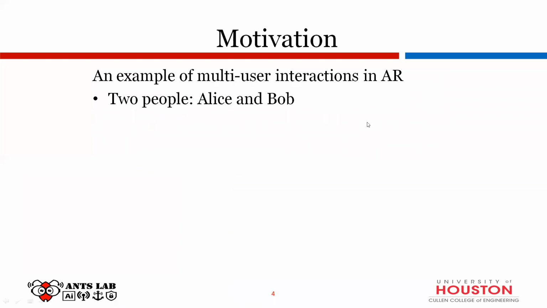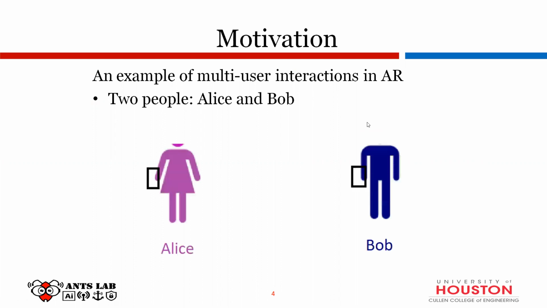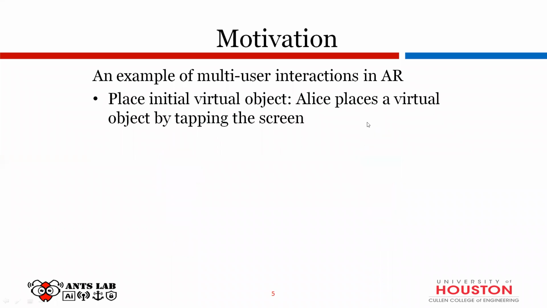Here is an example of multi-user interaction in AR. Let's say we have two people, Alice and Bob, and they both have a smartphone on their right arm. The first interaction is that Alice places a virtual object by tapping the screen.